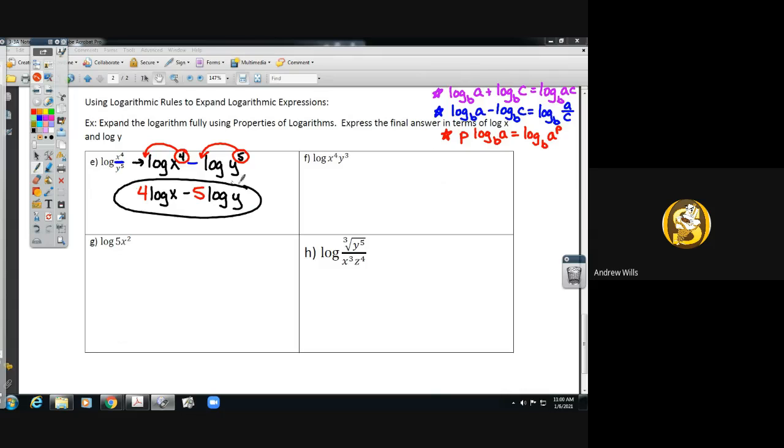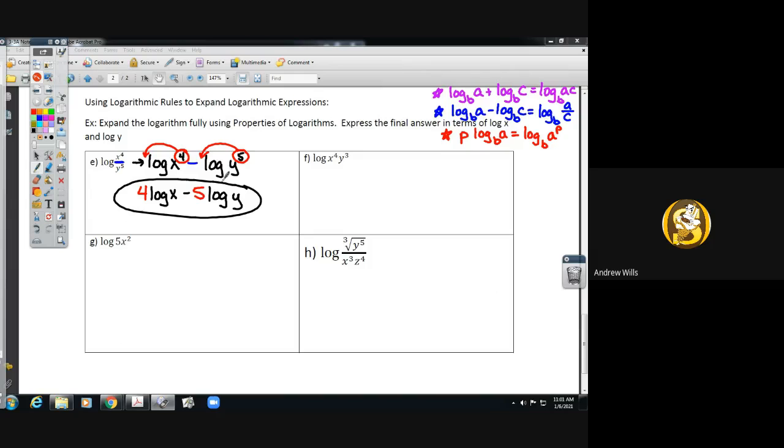And that is written in terms of log of x and log of y. It is expanded. So that is how we expand. So that's the first example. Let's go on to the next example there.